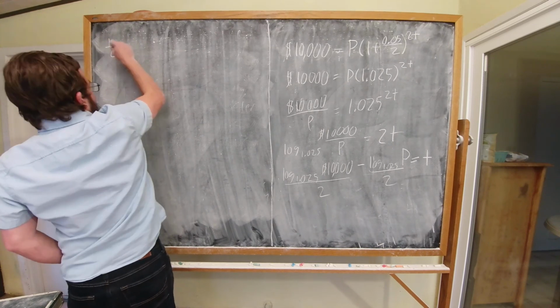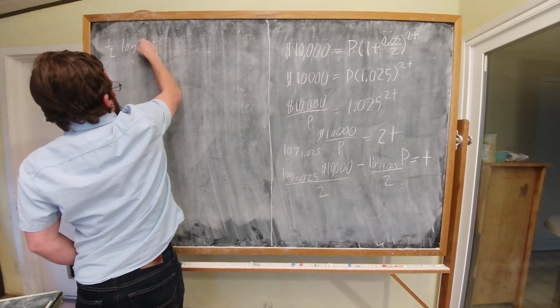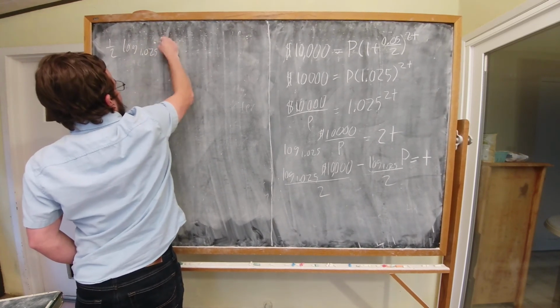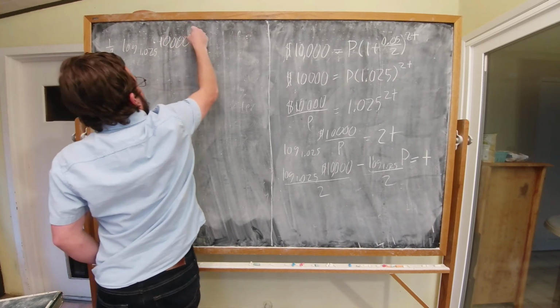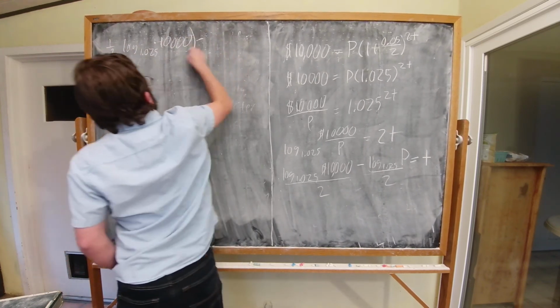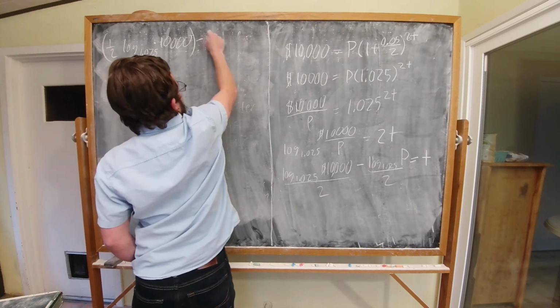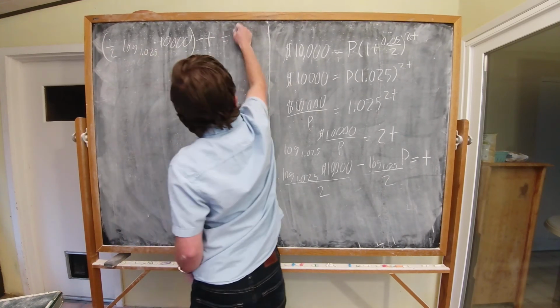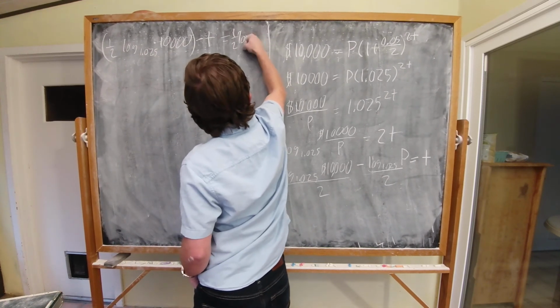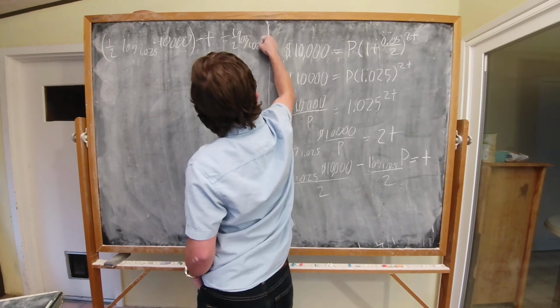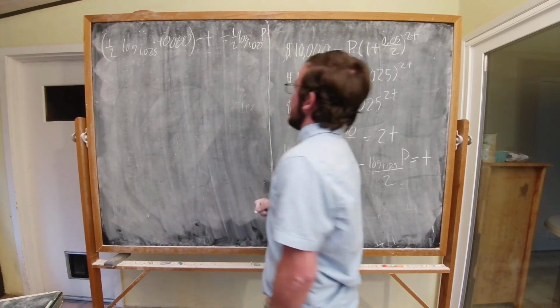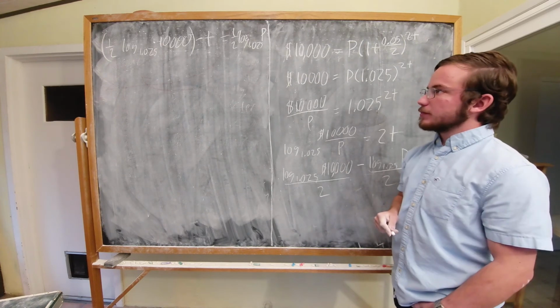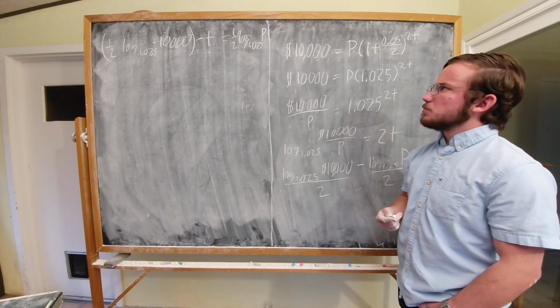So we have 1/2 times log base 1.025 of 10,000 minus t is equal to 1/2 log base 1.025 of P. All right.